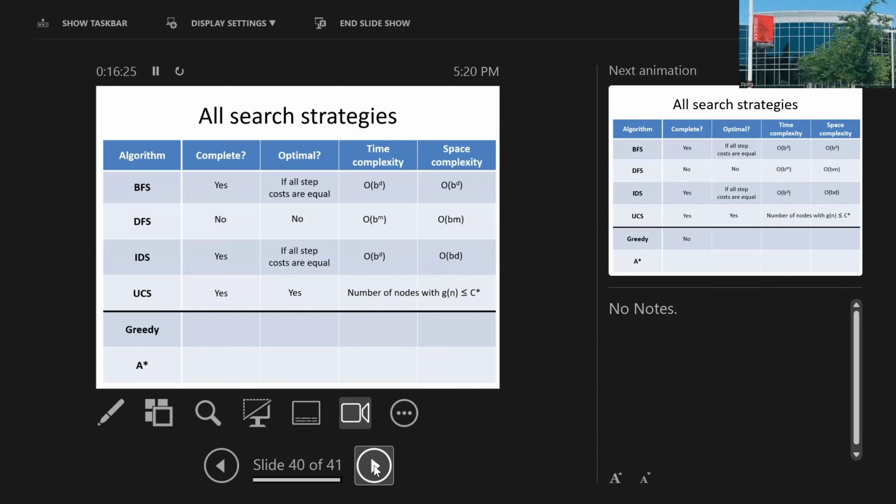It is based upon the current node and then its neighbors. Breadth-first will go level by level.